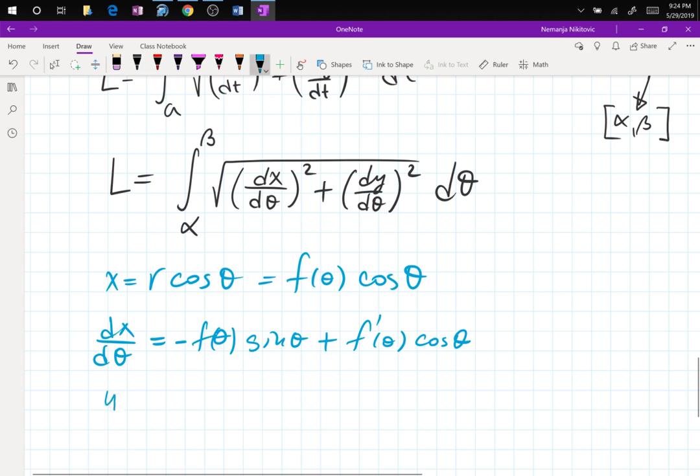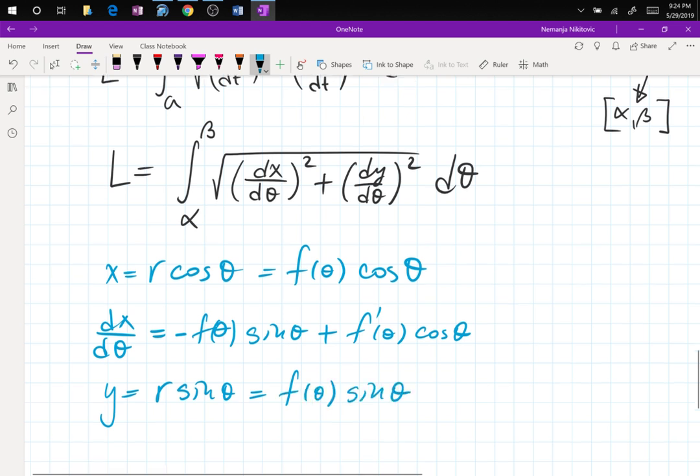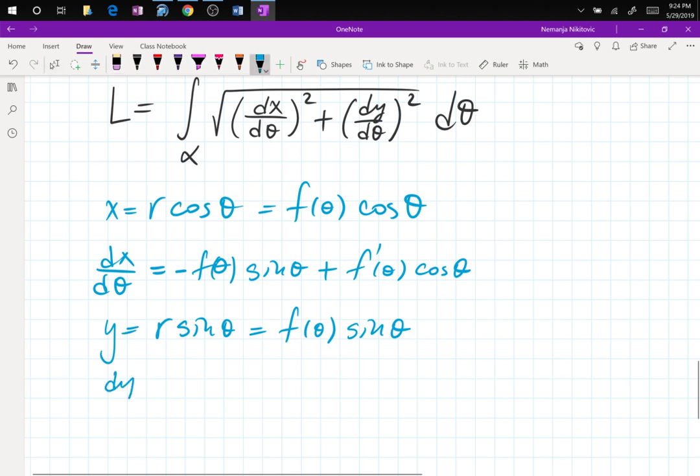And my y is given as r sine theta, which is f of theta sine theta. And when I find dy d theta, again the product rule, so f of theta cosine theta plus f prime of theta sine theta.